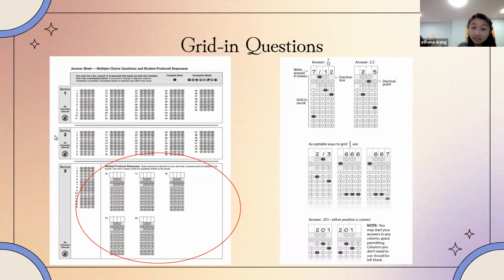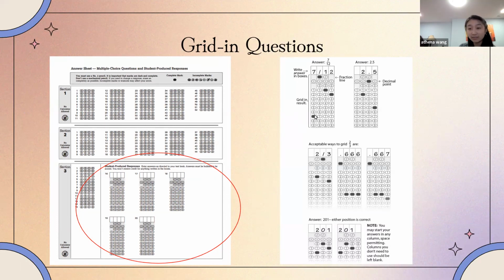This is the normal SAT answer sheet, and the questions at the bottom are the grid-in questions. They usually provide you with 4 boxes, and you have this multiple choice bubbling and answer thing at the bottom. So you can write it in terms of fractions.